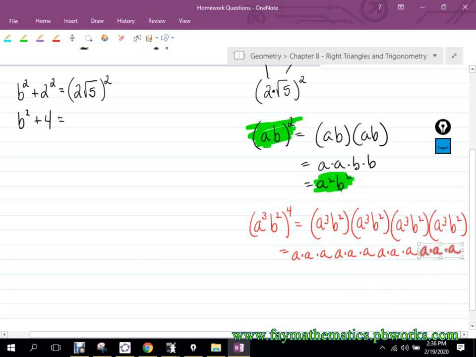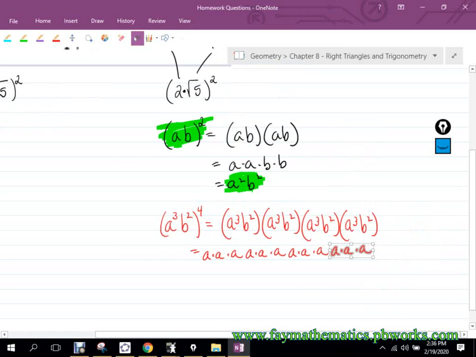And then B squared would be B times B, right? But don't you have that B squared showing up 4 times? So there's another time, and there's my 4th time.